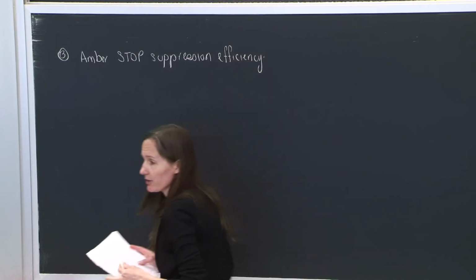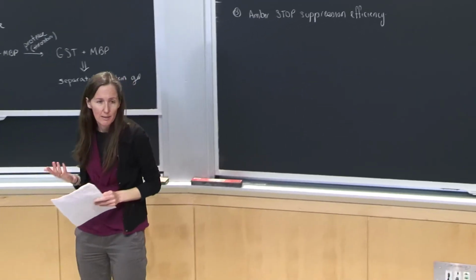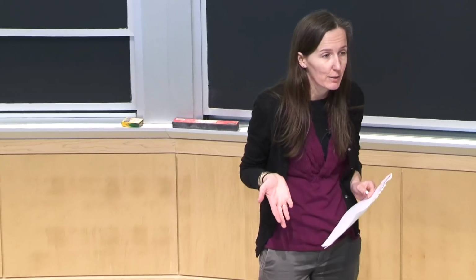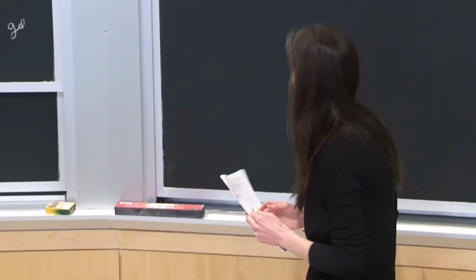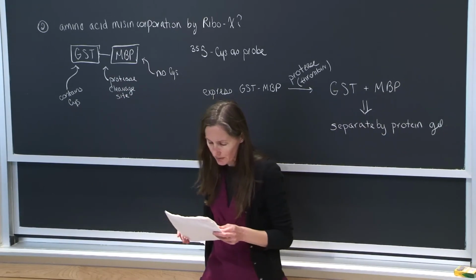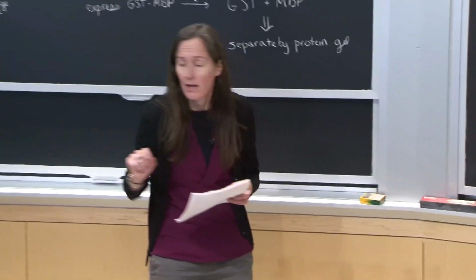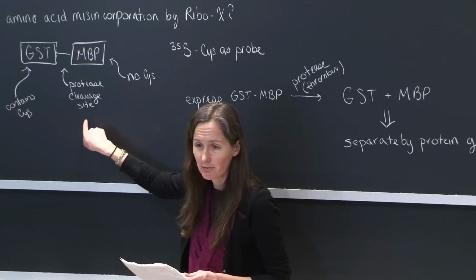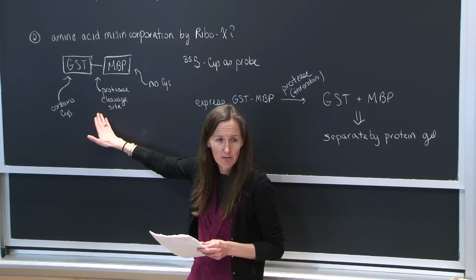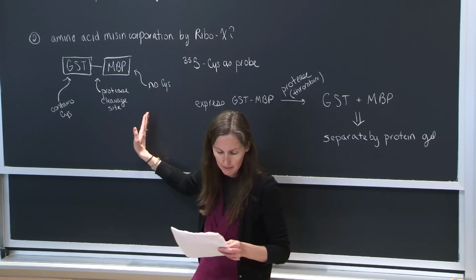Right, so last time we talked about how one limitation of the Schultz method is that there's a truncated phenotype, right, because RF1 enters the A site rather than the tRNA. So in order to look at this, they continued to use this type of fusion, but instead of having a protease cleavage site here, they stuck the amber stop codon in between GST and MBP.